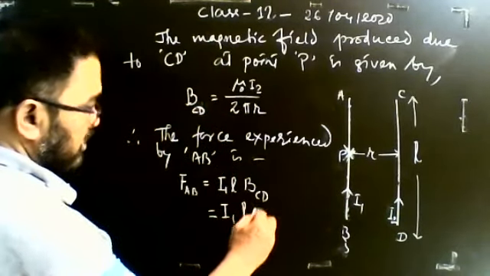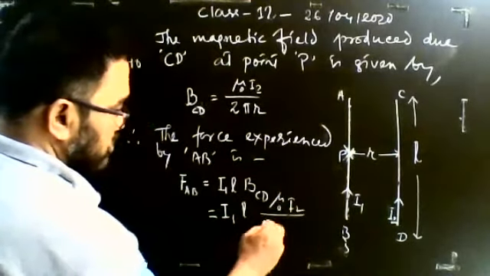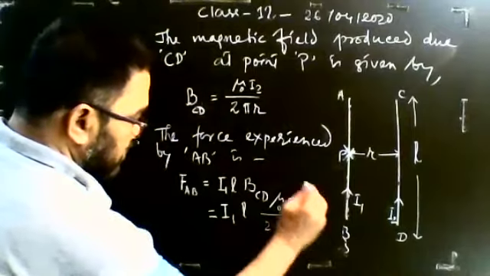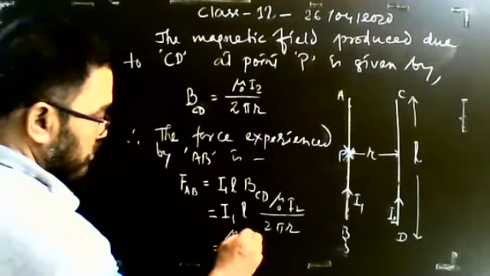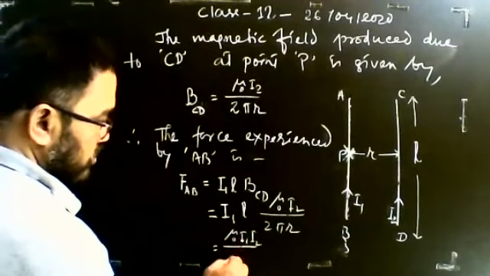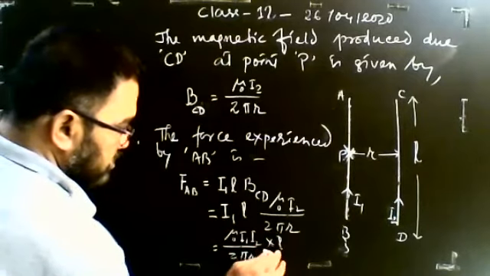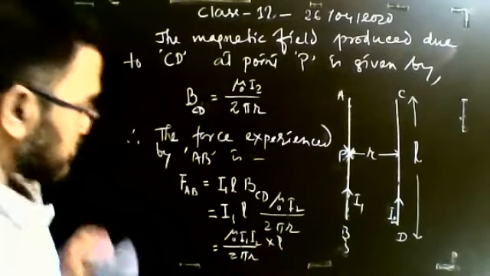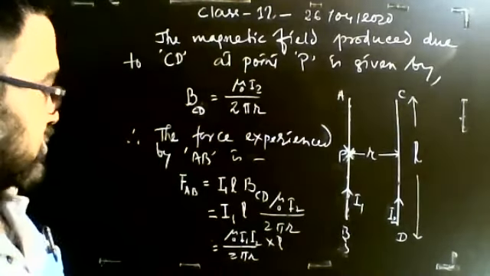I1, L, mu naught I2 by twice pi R. Rewriting, this is mu naught I1 I2 by twice pi R into L, right? So this expression gives the net force.